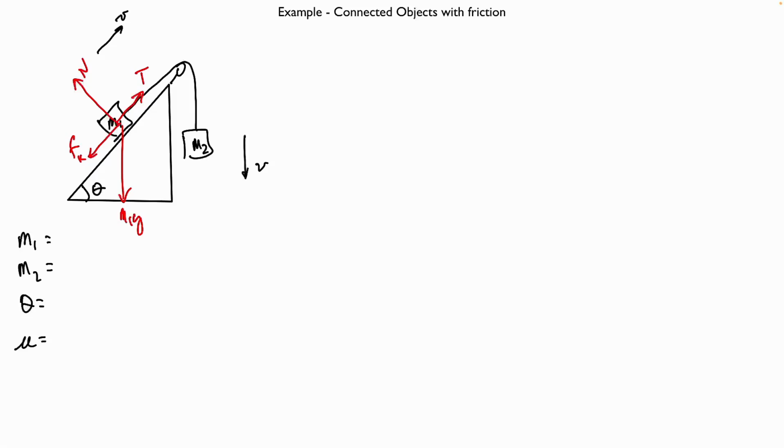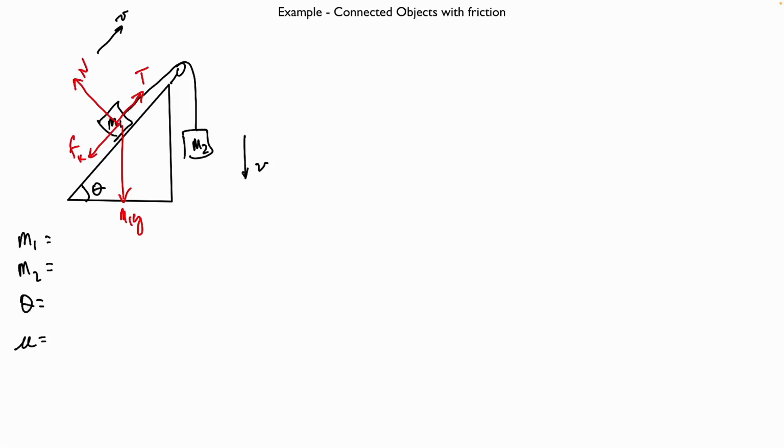Okay, so if there were static friction, if this thing were not sliding, which way do you draw the friction? You kind of have to know something.